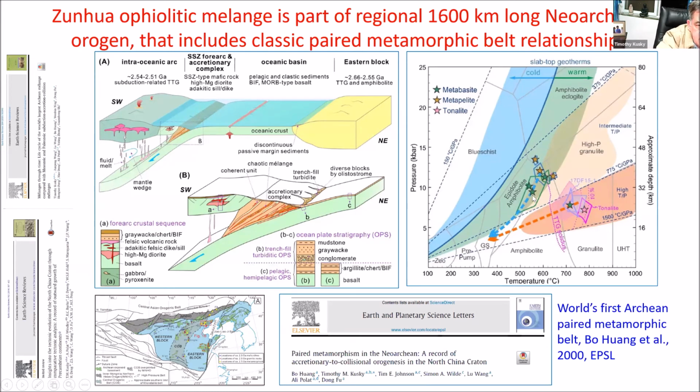But he identified a paired metamorphic belt in this area, the Dengfeng complex, using the criteria of Mike Brown, where we have high temperature, low pressure metamorphism coupled with medium temperature, pressure metamorphism in an accretionary wedge. And through his structural mapping in this area, he shows that they are spatially and temporally related. And this is a signature of plate tectonics and subduction in any orogen of any age.